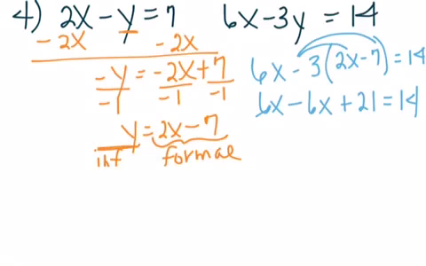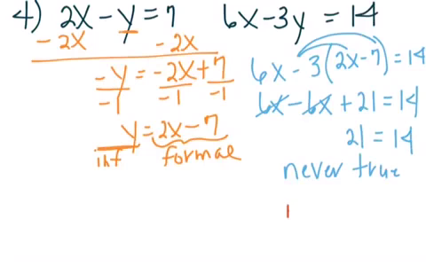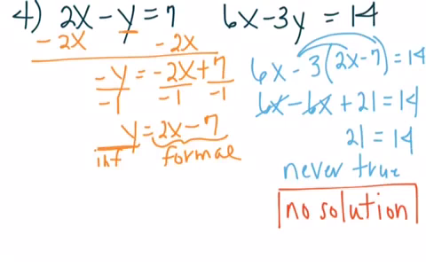And you'll notice that 6x minus 6x cancels, so all that's left is 21 equals 14. So you ask yourself if that is always true or never true. And the answer is 21 is never equal to 14, so this is never true. So this one is no solution. There is no value that we can put in there that will satisfy both equations.